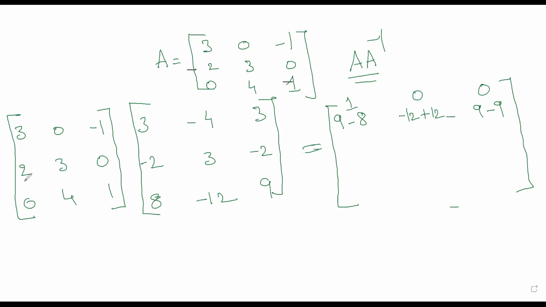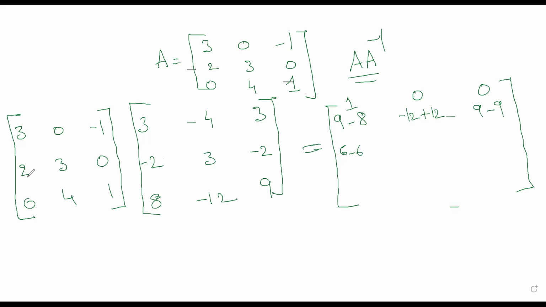Now, second. 2 into 3, 6, right? And then 3 into minus 2, that is minus 6. And 0 into 8 is 0.